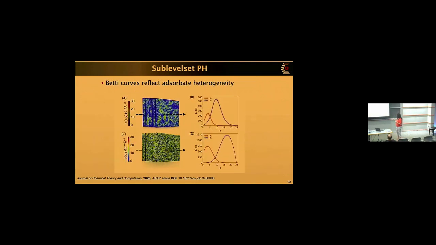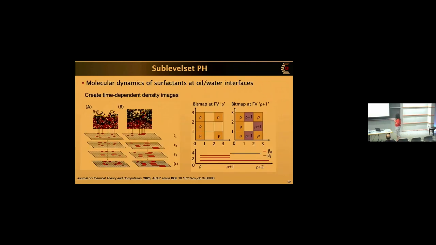I missed one little thing. So here's the projection of adsorbate density onto a plane to create the bitmaps. Here our filtration is the density of the surfactant. And so you'll see that we've got 1, 2, 3 bars.